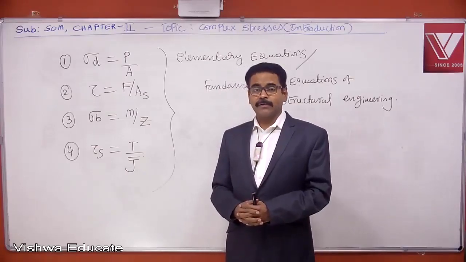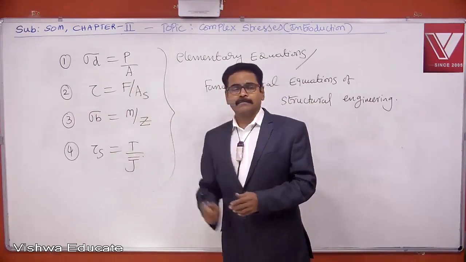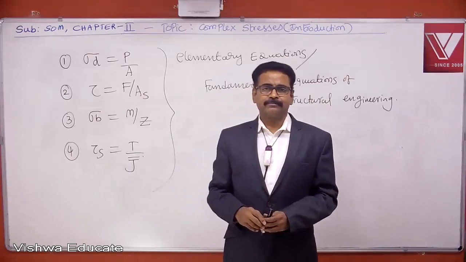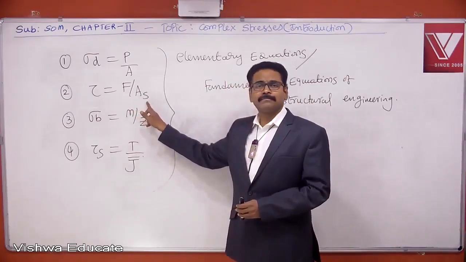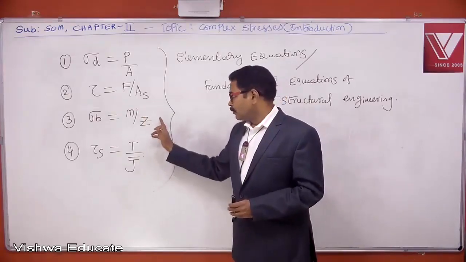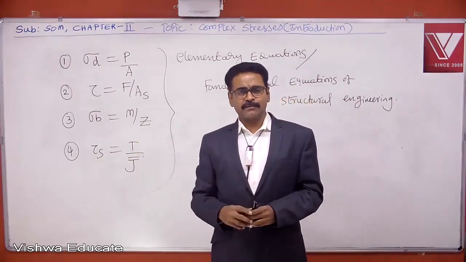Let us examine further. In the first formula, what is A? Area of cross section. In the second formula, what is A_S? Surface area. In the third equation, what is Z? Section modulus.